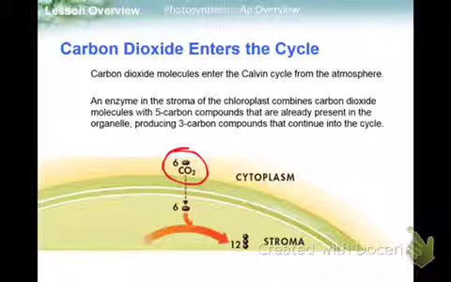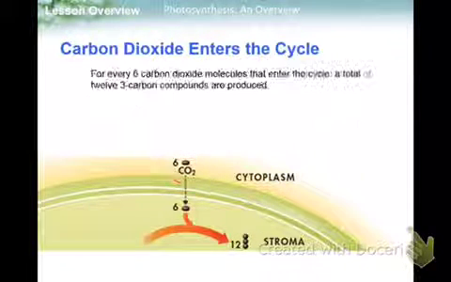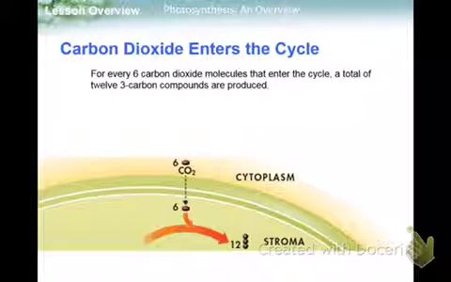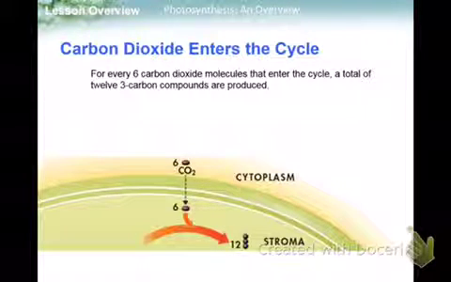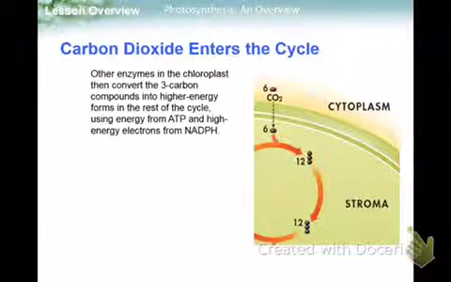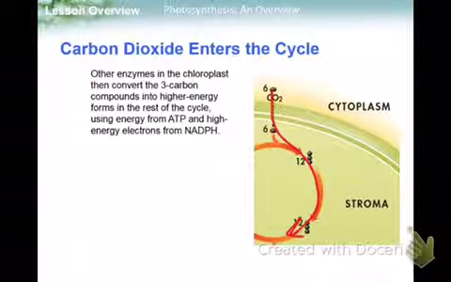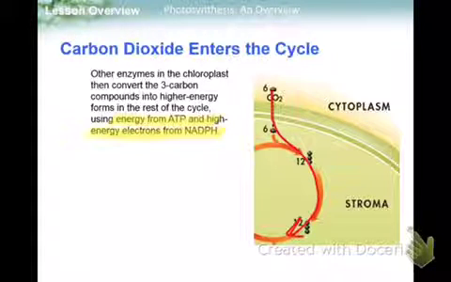An enzyme there combines carbon dioxide with other carbon compounds, and you don't have to understand every step of the Calvin cycle, but just know that carbon dioxide is used in the Calvin cycle. And then, as the cycle moves around, we have energy from ATP and the high energy electrons from NADPH.